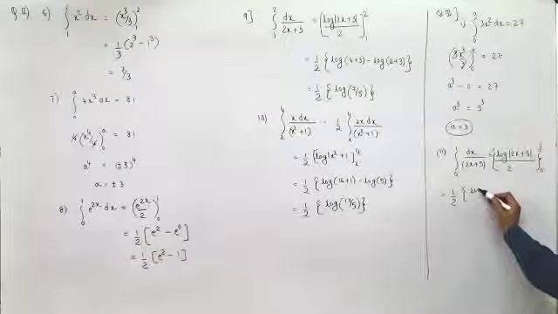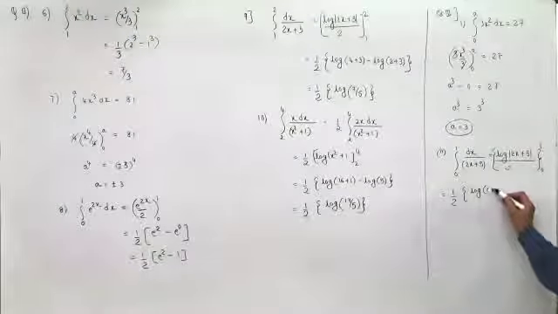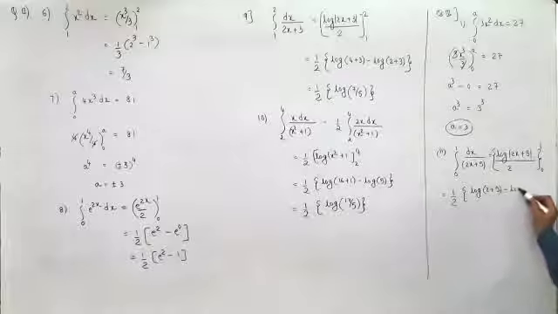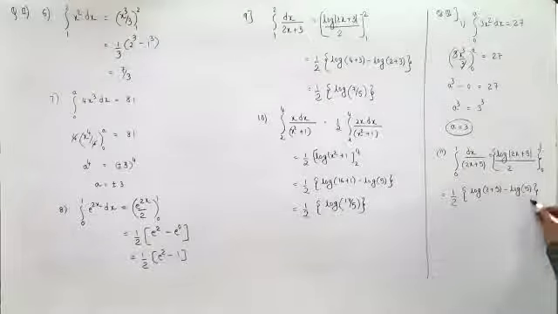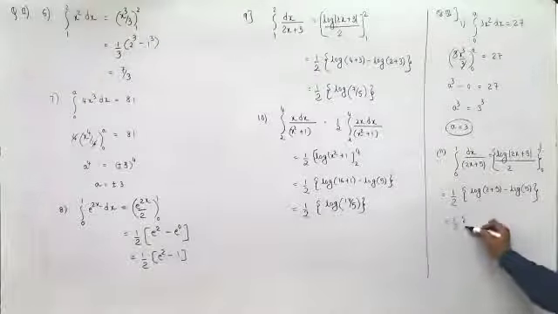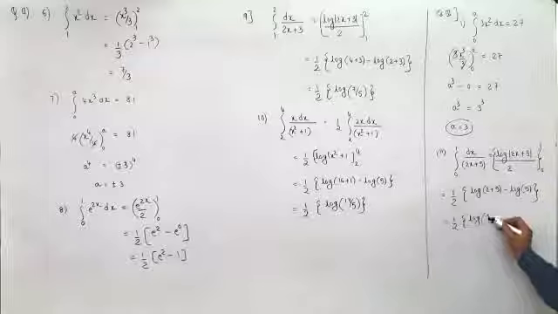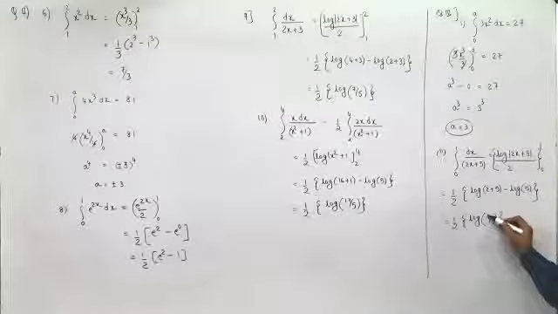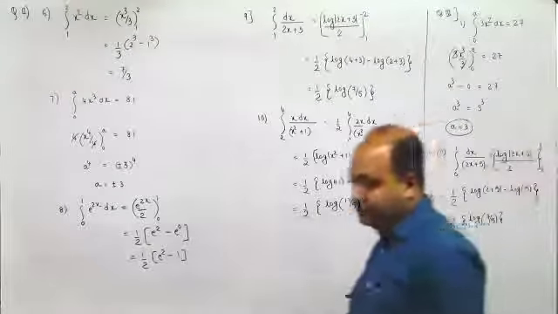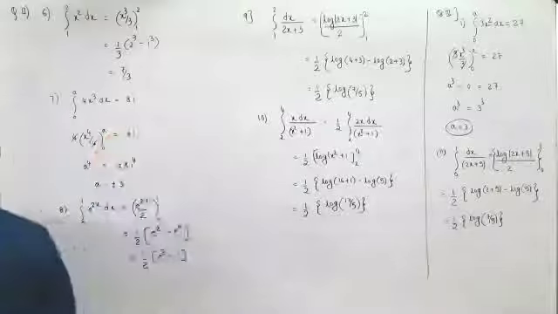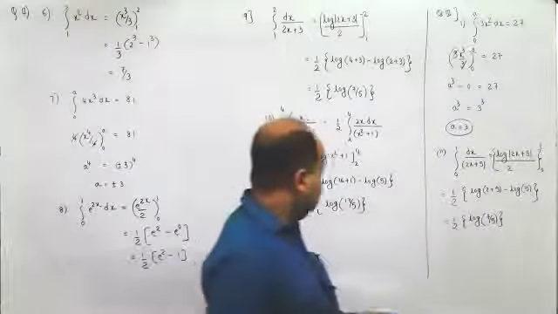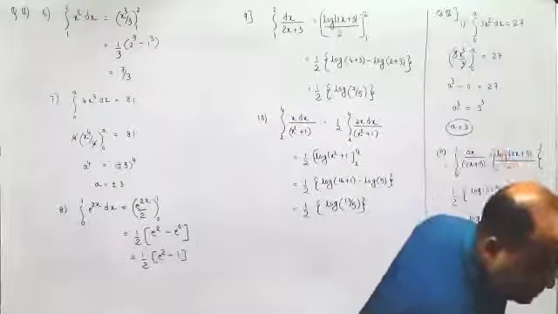This would be log of 2 plus 5, 7, minus log of 0 plus 5. So it would be half of log of 7 by 5. That half is missing, so it would be wrong.